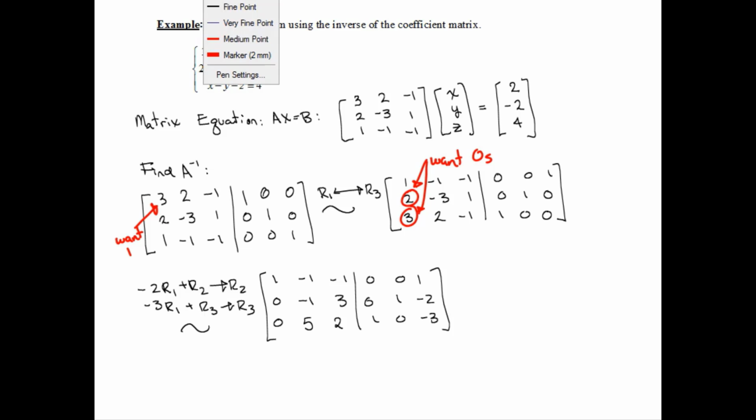So now we need to get a 1 here. And that's easy. We just multiply that row by -1.